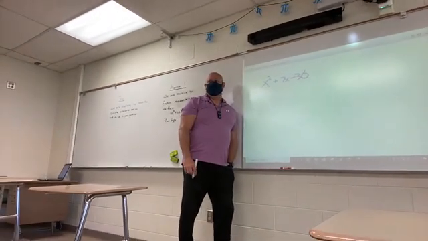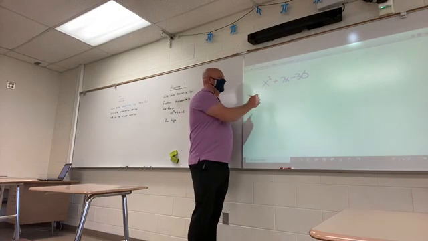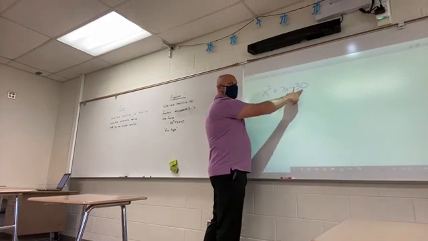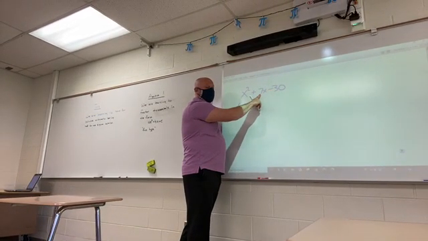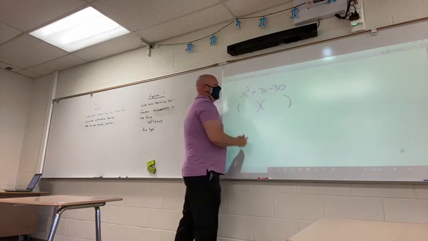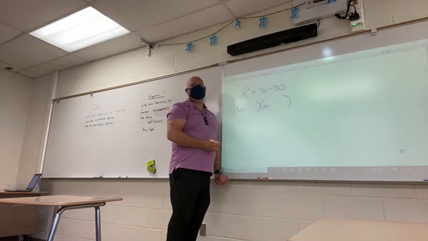What would I be looking for here? Two numbers that do what? Multiply to 30. Careful. Subtract to 7. So what are two numbers that multiply to 30 and subtract to 7? 10 and 3.